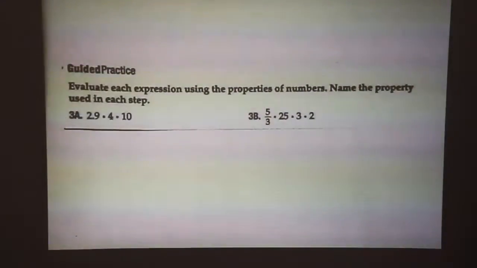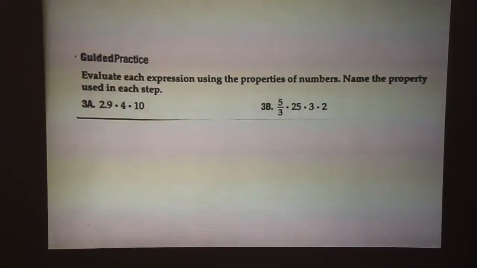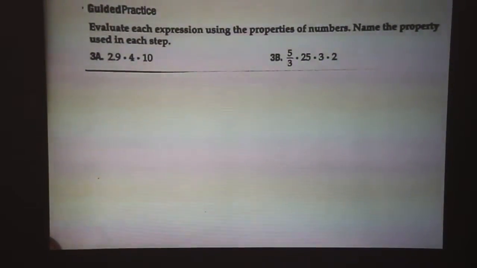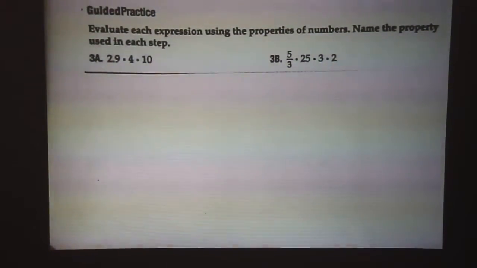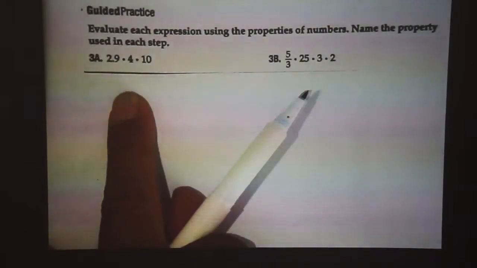Alright, the very last type of problem that you're going to encounter today will be something like this, in which they are going to ask us to name the property that we use in each step. There's many different ways for you to solve these or evaluate them, but as you do this, your job is to copy each step down carefully and then name the property that you use to make that happen. So when I see something like, we'll do this 3A deal here first.